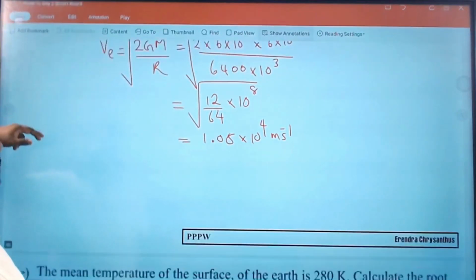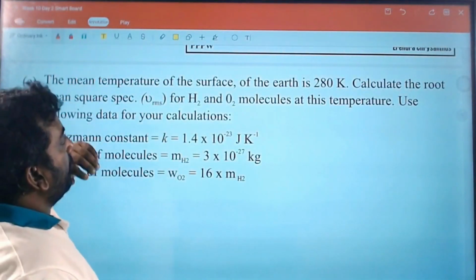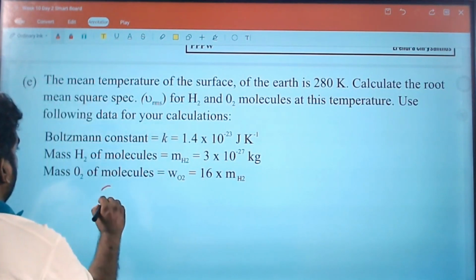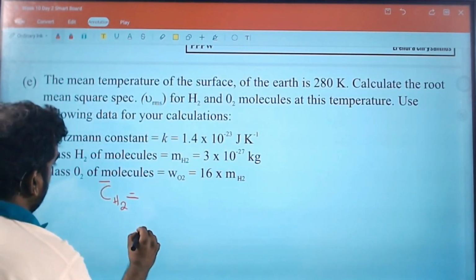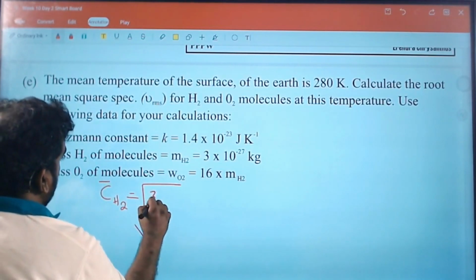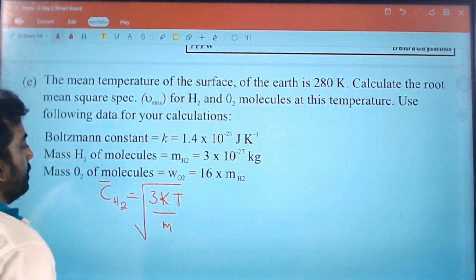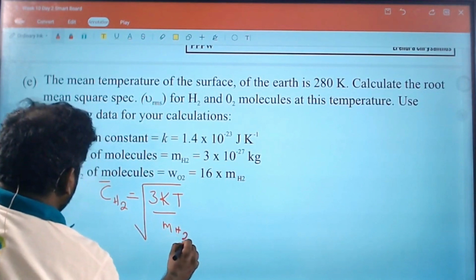Right. Mean temperature of the surface of the earth is 280. Calculate the mean square speed of H2 and O2 molecules at the same temperature. So it is 3 kT over m. Hydrogen.